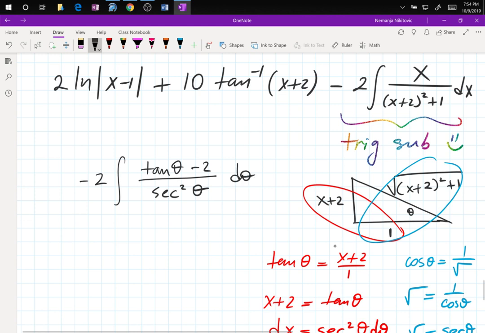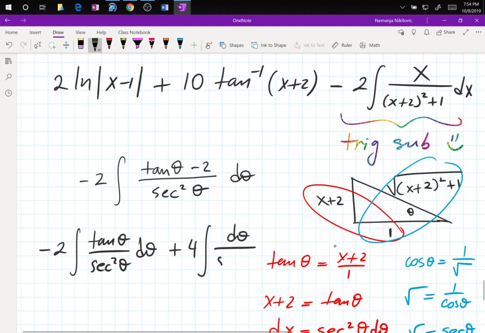Great. Now that further breaks down, because we have another subtraction, into minus 2 integral of tangent theta over secant squared theta d theta plus 4 integral of d theta over secant squared theta.